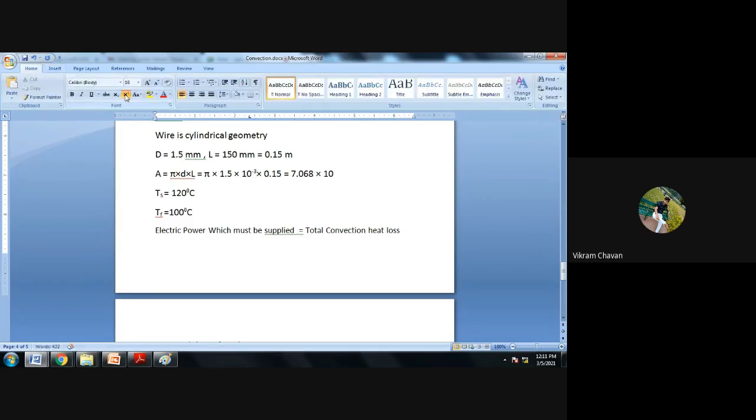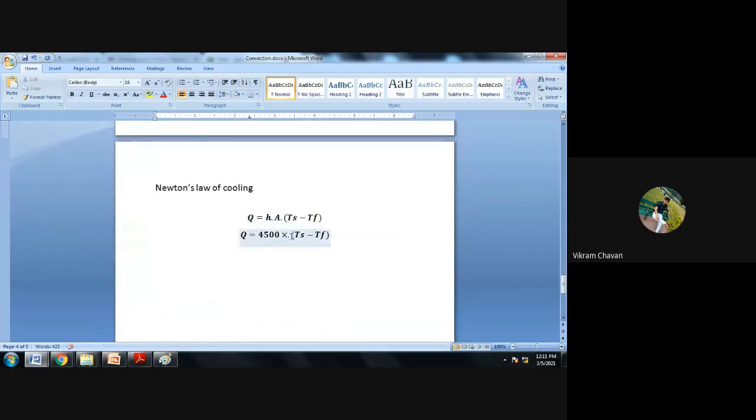It is in meter square. So we determined the area, so just put that area over here.